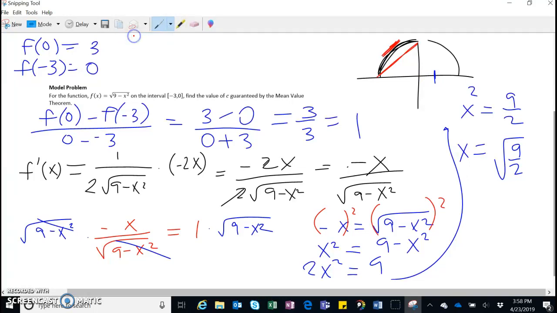So I have to be really mindful that when I square root, we can't forget I get plus or minus. And in this problem, the solution that's relevant is actually the negative square root of 9 over 2, because that's the window that I was given on that left side of the semicircle. But here it is. I've found the value right around here where my tangent line is parallel to my secant line, where my slopes are the same.